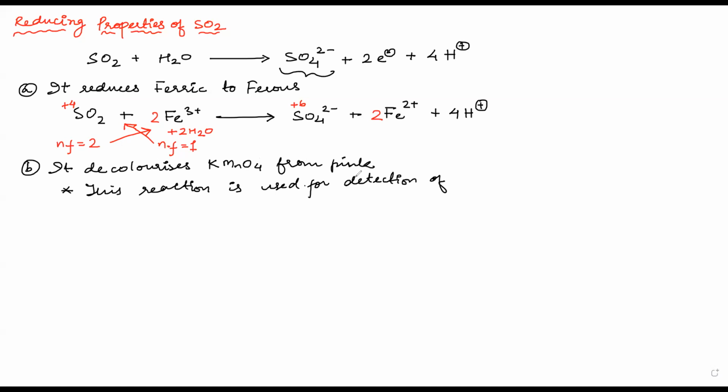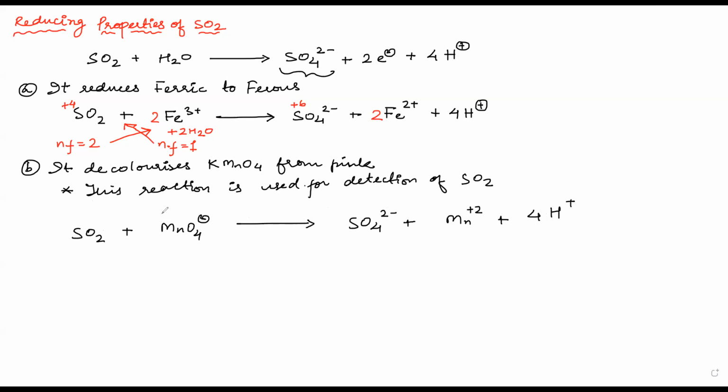KMnO4 is pink, and when you add sulfur dioxide, it will decolorize it, for the detection of SO2 gas. What is the reaction? We have SO2 plus MnO4 negative. If you further react this, you will get SO4 2 negative, plus Mn2 positive, and 4 H plus.